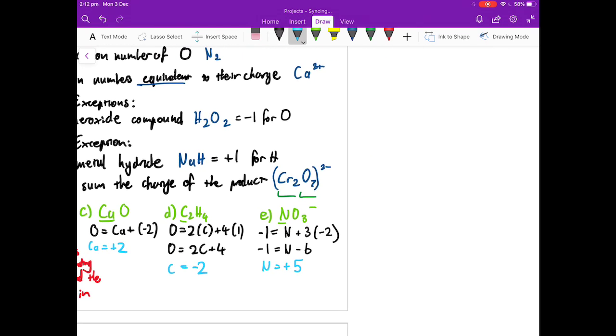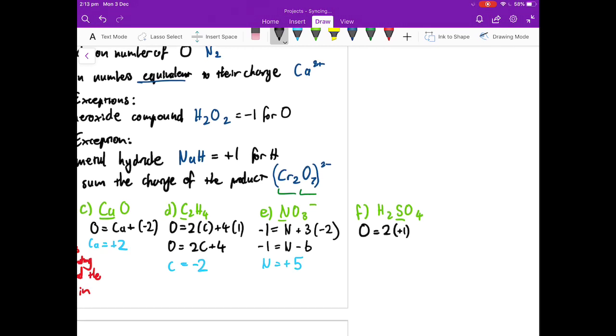And now let's finally do F. Here we're talking about H2SO4. And we want to find out S because it's the unknown one. And in this case, according to rule number 5, we're going to be talking about a total charge for the entire molecule of 0. So 0 equals 2 times +1 for hydrogen plus S plus 4 times -2 for oxygen.